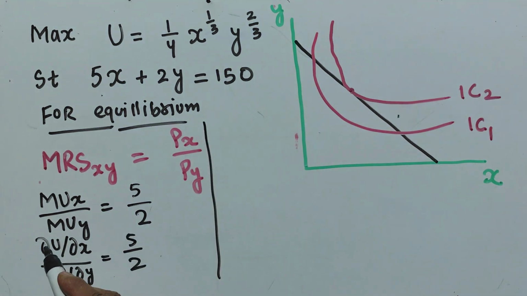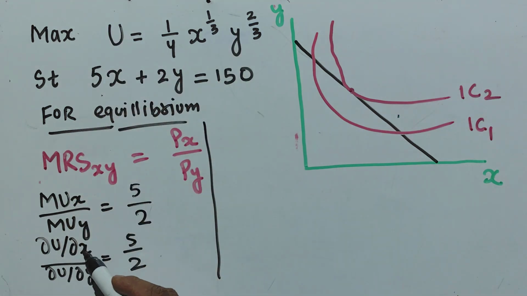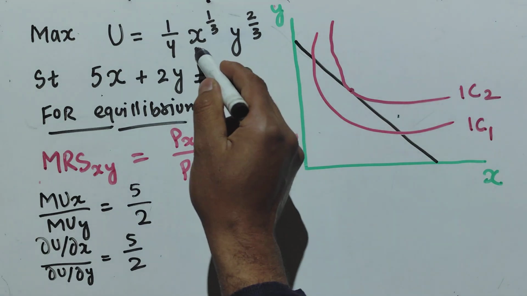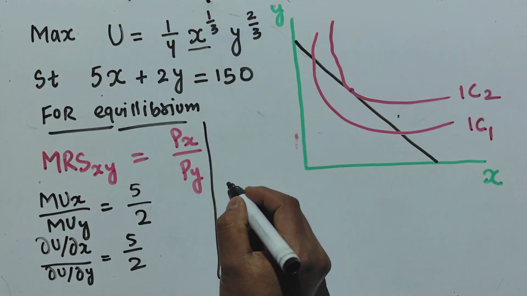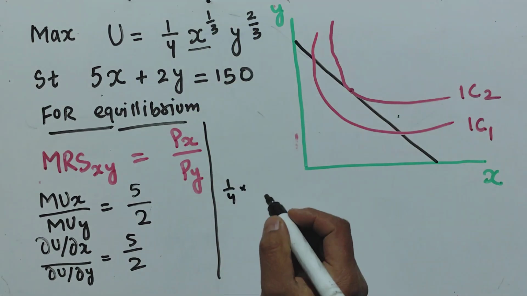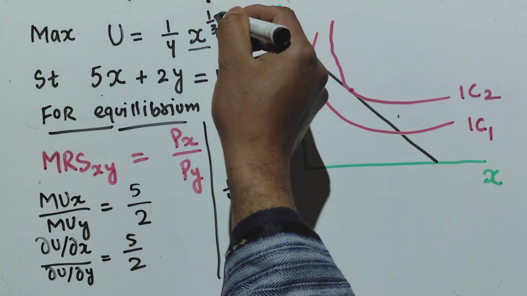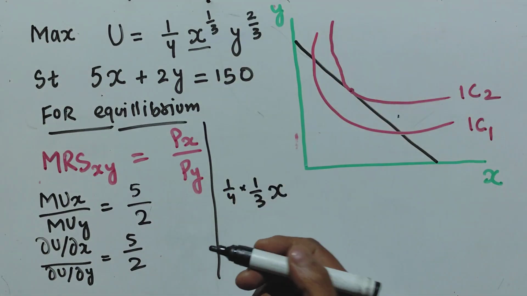Solving this, du/dx means the partial derivative of the given utility function with respect to x. Here we have x, its derivative will be, first we have 1/4 times, the exponent of x becomes the coefficient by the power function rule, and x raised to the power, the exponent of x is subtracted by 1.